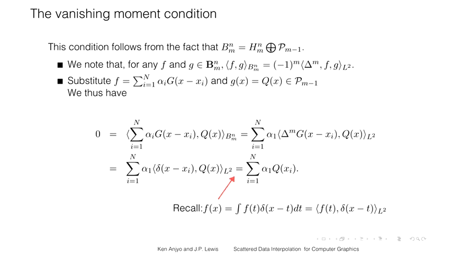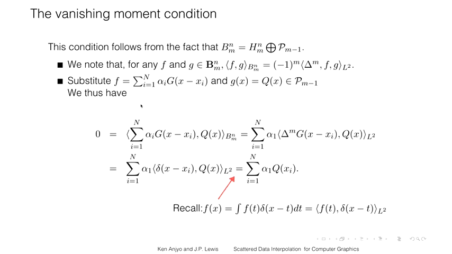It means the RHS space and the polynomial space are always orthogonal to each other, which means any element of this space should be orthogonal to the polynomial space, in the sense that if we take the inner product, it should always be 0.